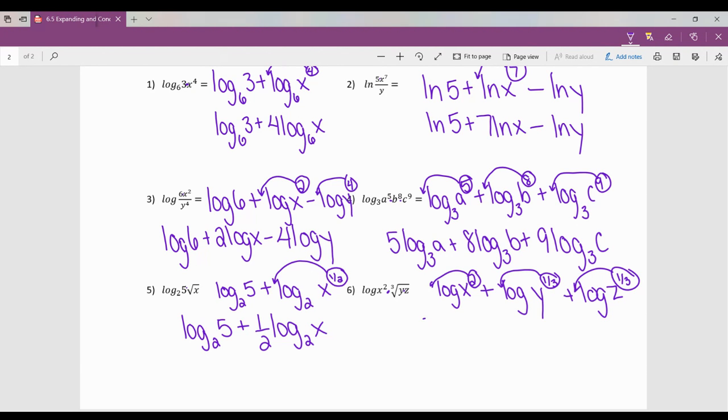And then we write it as 2 log of x plus 1/3 log of y plus 1/3 log of z. Okay?